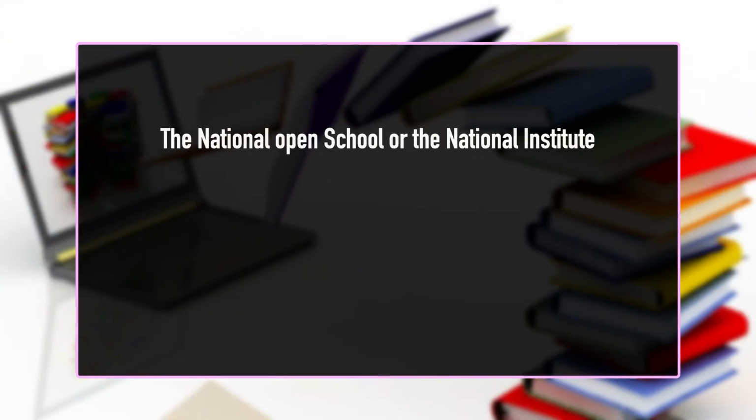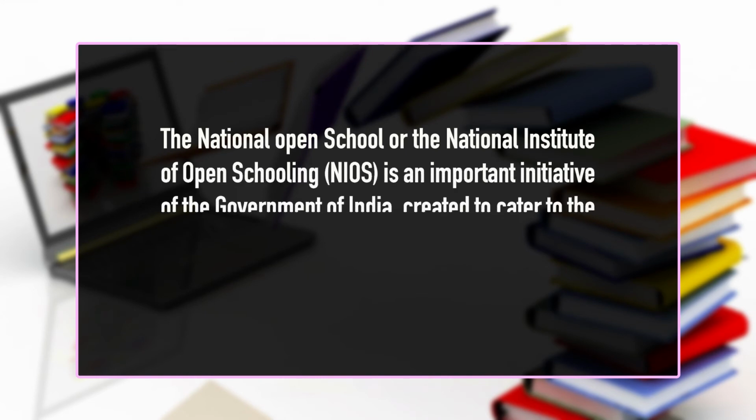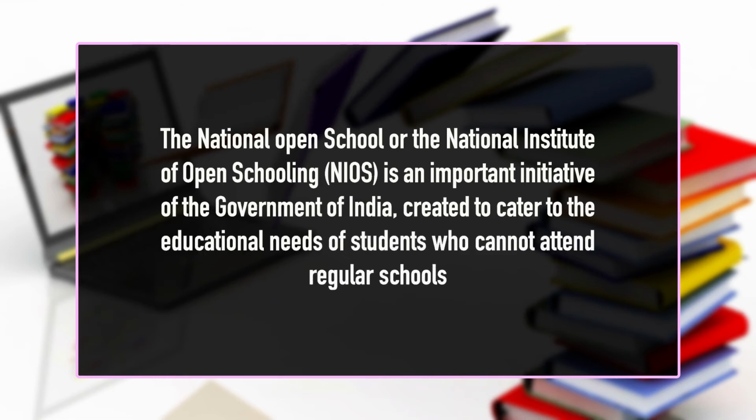The National Open School or the National Institute of Open Schooling is an important initiative of the Government of India created to cater to the educational needs of students who cannot attend regular schools. Its objective is to offer a parallel non-formal system of education as an alternative to formal schooling.